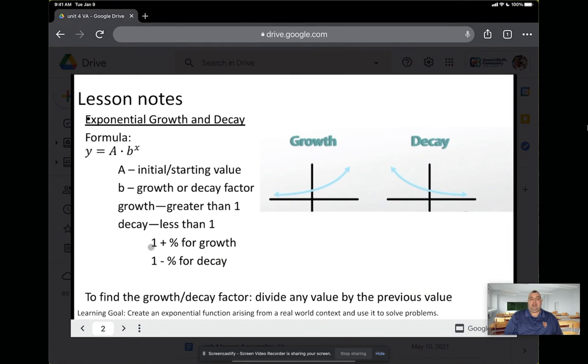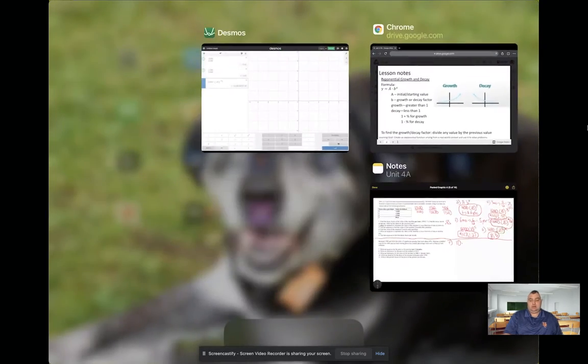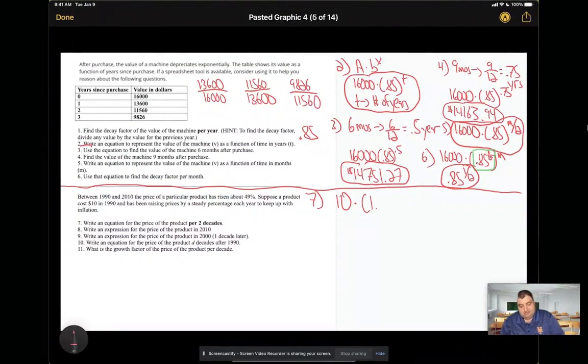So my growth factor is going to be 1 plus 0.49, so 1.49 to the power of x. So that is your answer to number 7: 10 times 1.49 to the power of x.